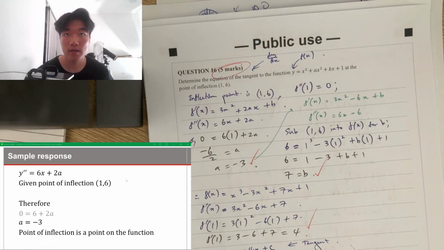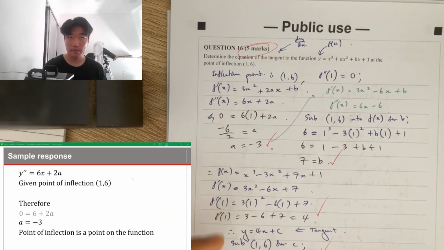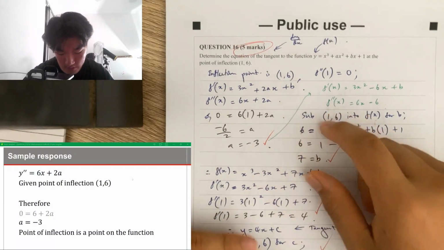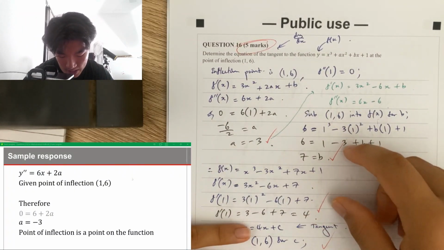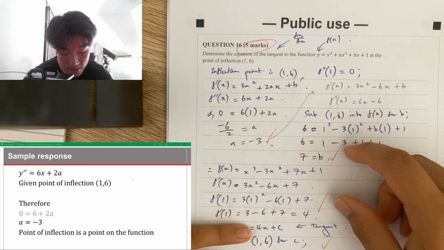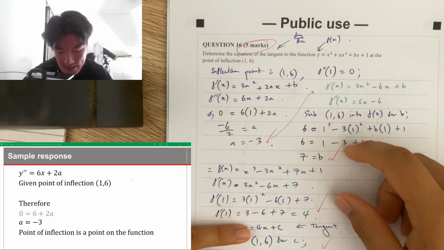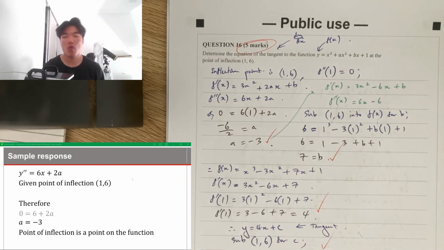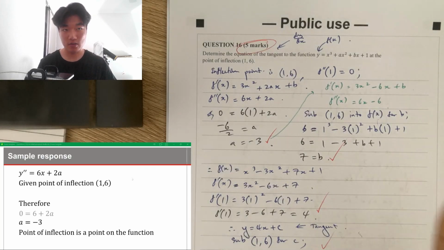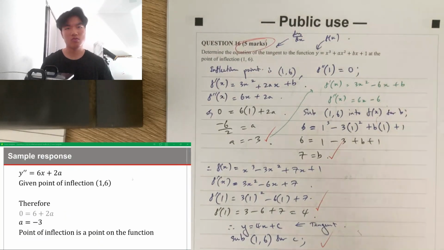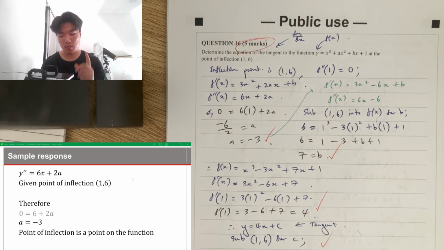Okay. Here you go. So the question states: determine the equation of the tangent to the function y equals x cubed plus ax squared plus bx plus c at the point of inflection (1, 6). So we're given a point that lies on the function, and it's not just any random point, it's a point of inflection on the cubic function.